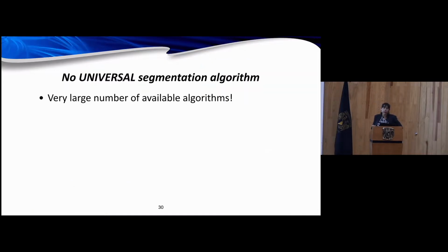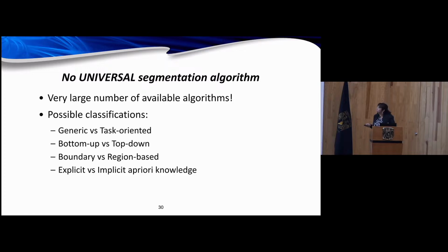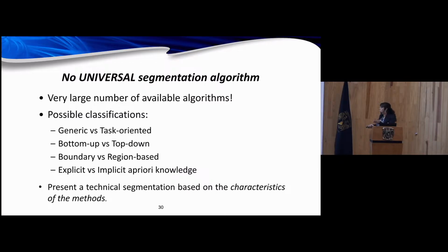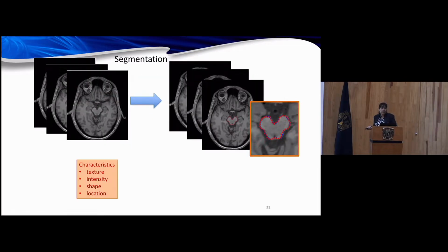So there's no universal segmentation. That's the first part that I want to say here. There's no universal segmentation algorithm because there is a very large number of available algorithms that tackle different problems. They can have many ways of working, but they present different characteristics, and they should be based on the characteristics of the image, like texture, intensity, shape, and location of the organ that I want to segment.